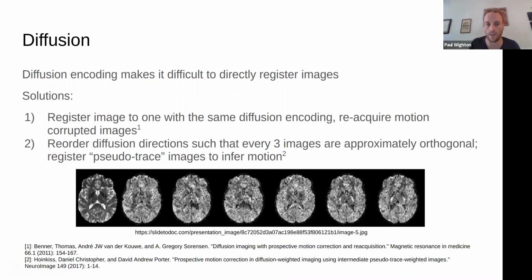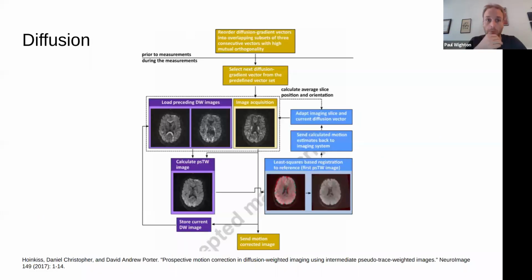If they were perfectly orthogonal, you could compute a trace image and register that. They call these pseudo trace images. They're not perfect trace images because the directions are not perfectly orthogonal, but these authors argue it's close enough, and once you have those, you can register them much like you would do in BOLD, and keep going. So here's a figure from their paper.